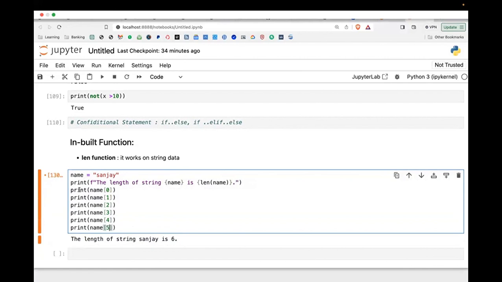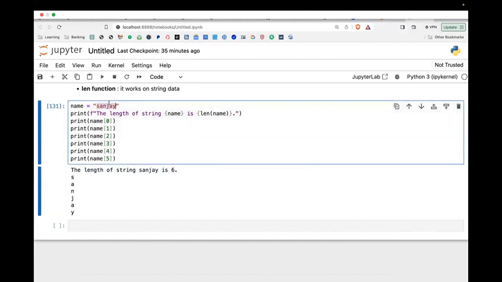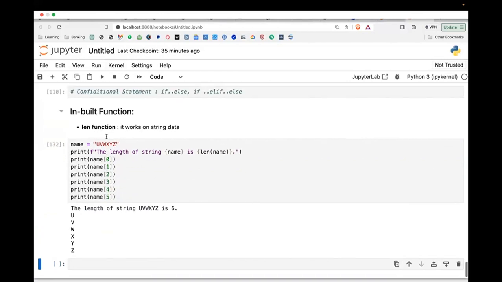You can see this here. I can access each character. I do not want to write my name, so I will just do UVWXYZ. It would be easy. You can access any name directly and find the length. And I told you length is a built-in function.